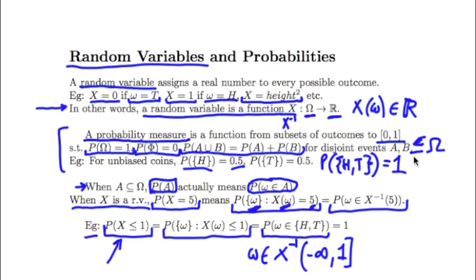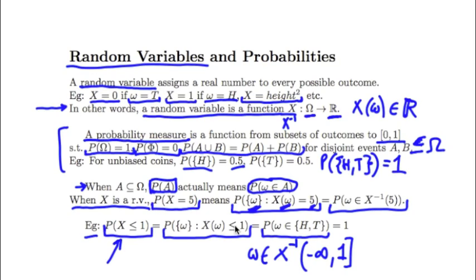More formally, they are elements of a sigma field, but I don't want to get into those specifics. We only assign probabilities to such subsets. So when we talk about the probability of a random variable taking on a value, we really mean the probability that the outcome is contained in X inverse of whatever set we want. You should return to this at some point if you're getting confused about these concepts.